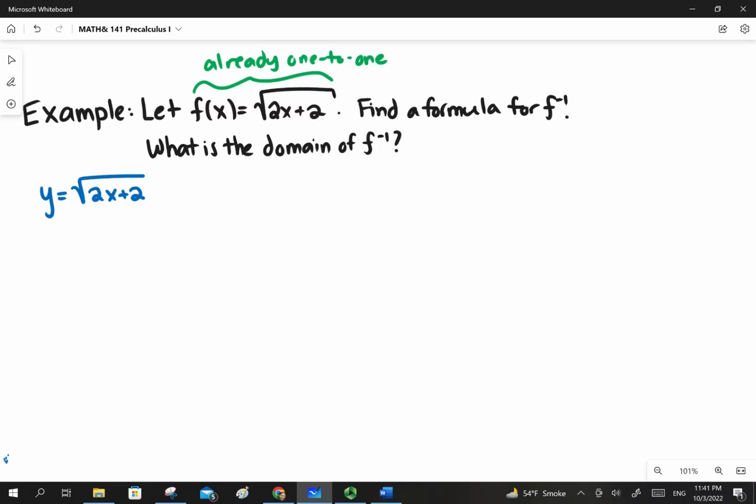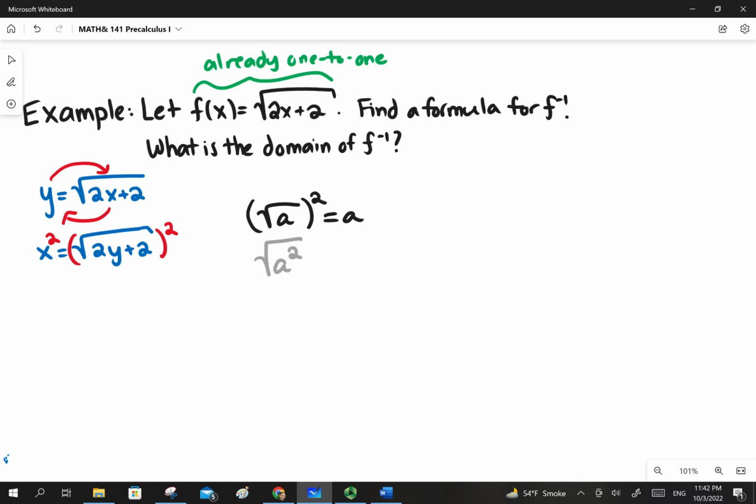Starting with y equals the square root of 2x plus 2, we're going to switch x and y and solve for y. First, we need to square both sides. We don't have to do anything special here because, like we saw at the very beginning of the video, squaring a square root does just cancel it out. It's only taking the square root of a square that we have to worry about.